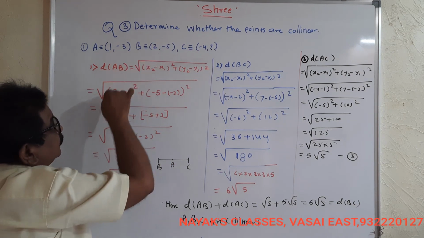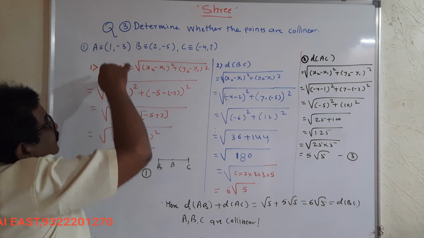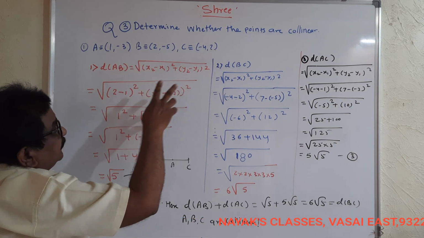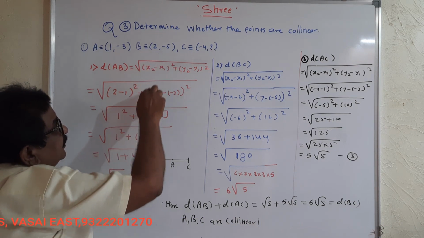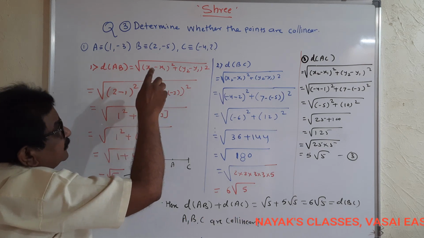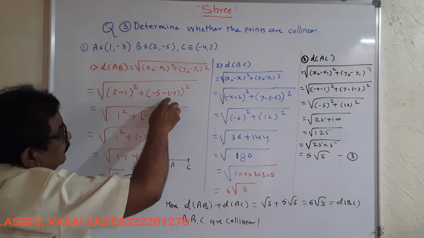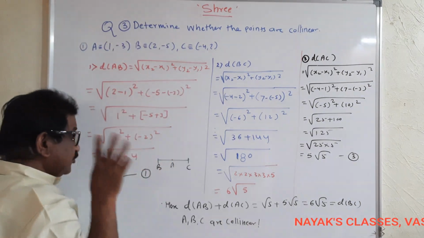X2 is 2, x1 is 1, so (2 minus 1) the whole square, plus y2 is minus 5, and from the formula minus y1, which is minus 3, so (minus 5 minus 3) the whole square.